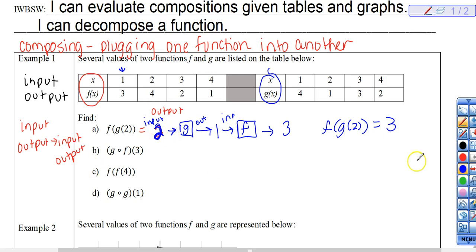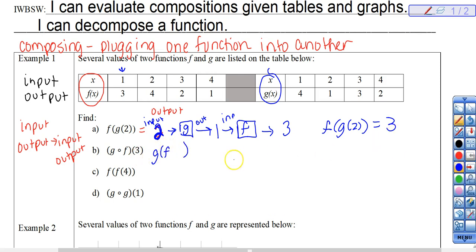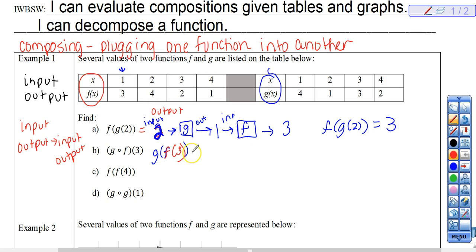All right, so let's do the g of f of 3. I'm going to do it in a different method now, and you can decide which method you like and stick with whatever you want. So we're going to do the g of, and I'm going to change it to my preferred notation, the g of f of 3. Here's how I like to do it.